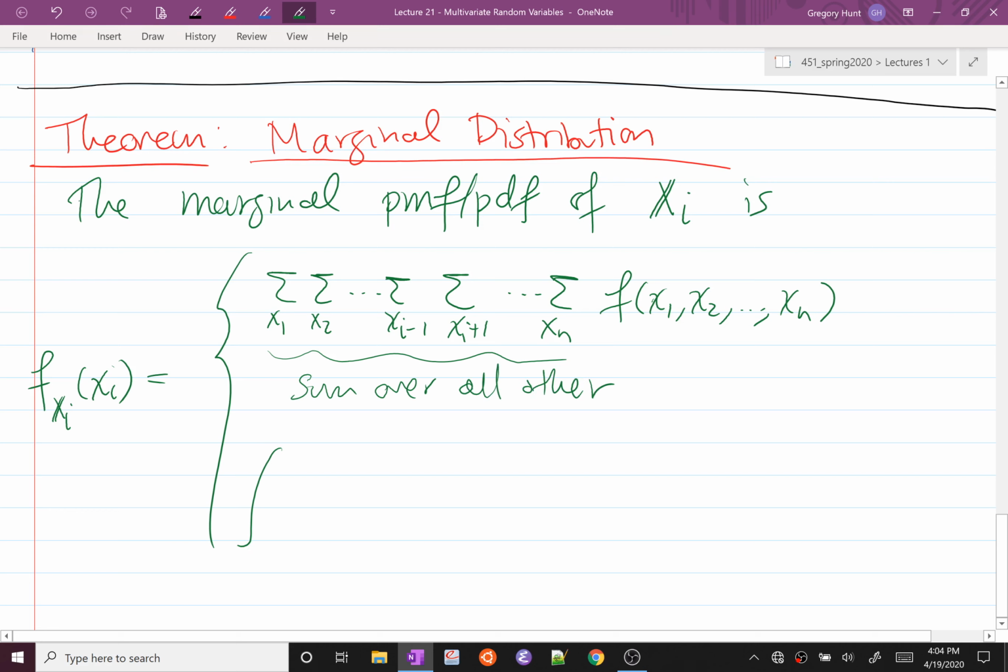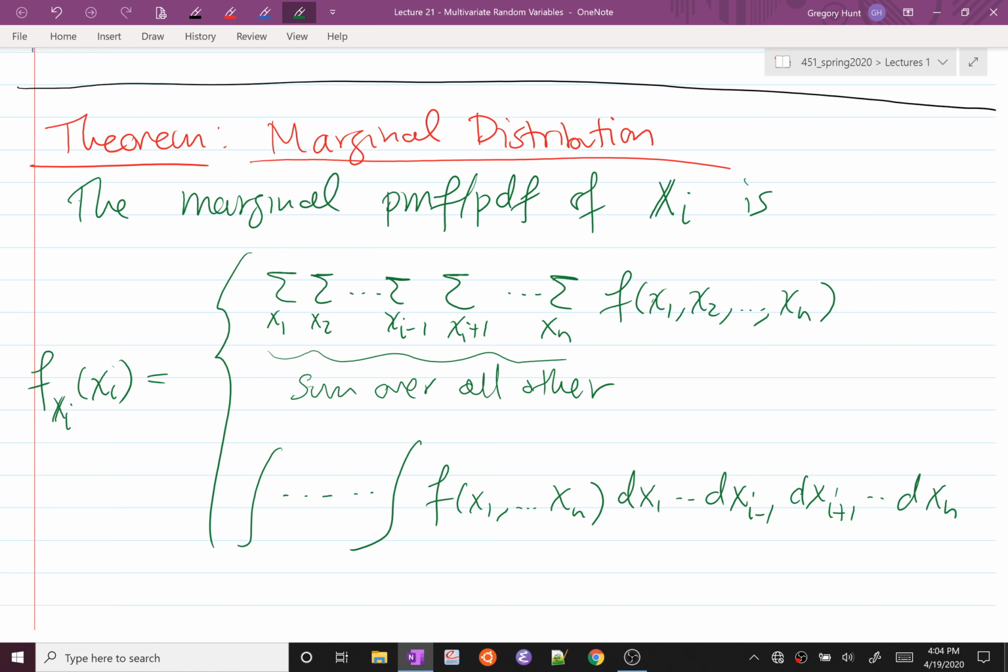And in the continuous case, this is going to be a bunch of integrals, and we're going to integrate our joint PDF over dx1 all the way to dx i minus 1, skip dx i, then dx i plus 1, all the way to dxn. So we're going to integrate over all the variables except the one that we want to get the marginal of. That's very analogous to the bivariate case where we integrate or sum over the other variable. Now it's all the other variables.